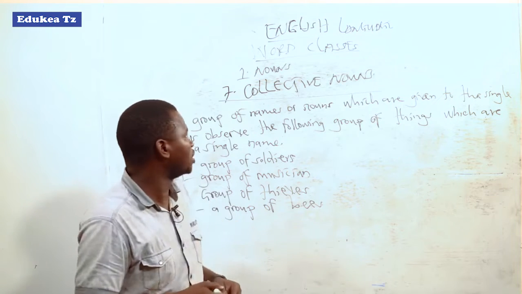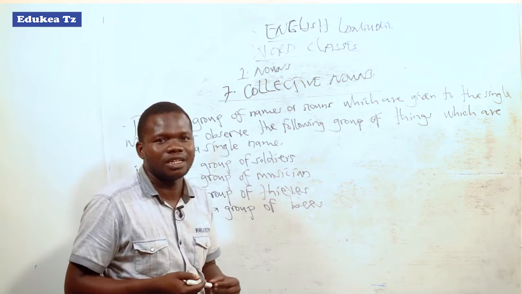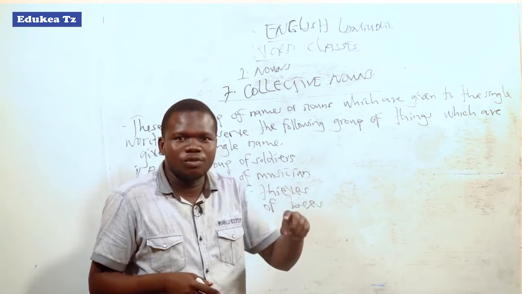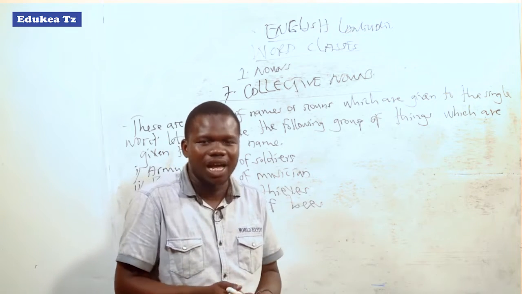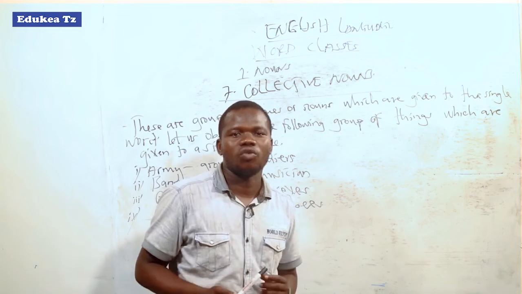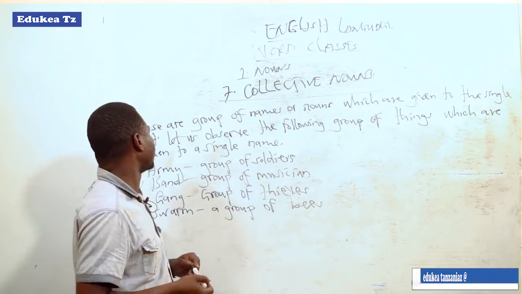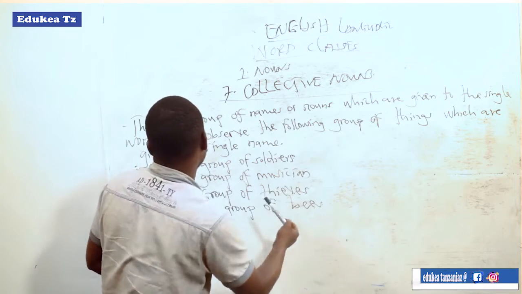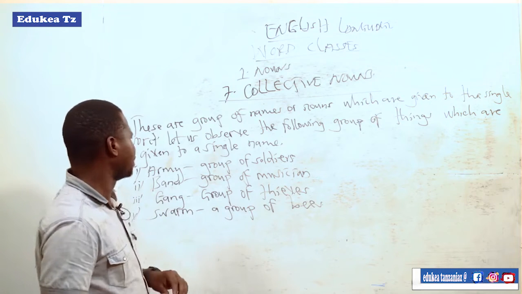That's why they are called collective nouns. So there must be a collection of different things, but now those collections are given a single word. That is to say, they are called collective nouns.